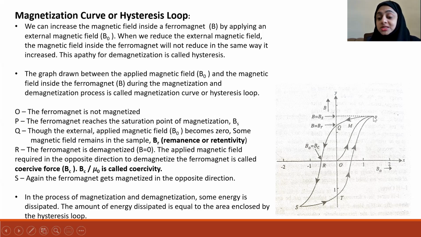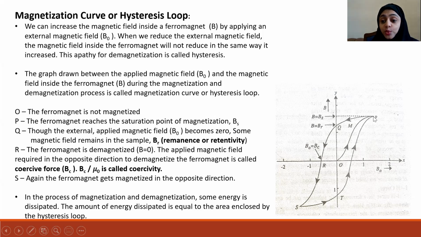Now, let us see what happens when we decrease the applied magnetic field. We expect the material to get demagnetized. We expect the material to retrace the path through PO, but it doesn't happen.